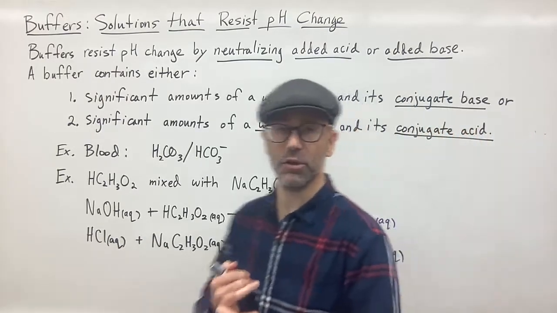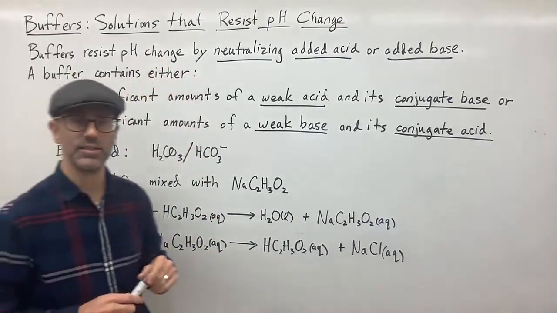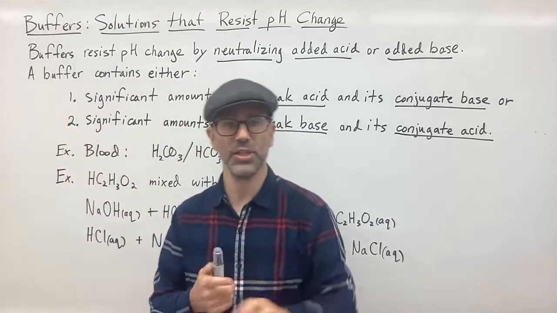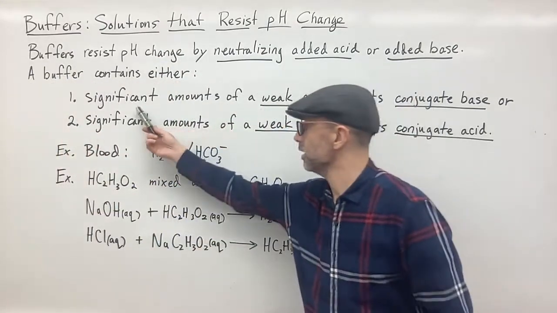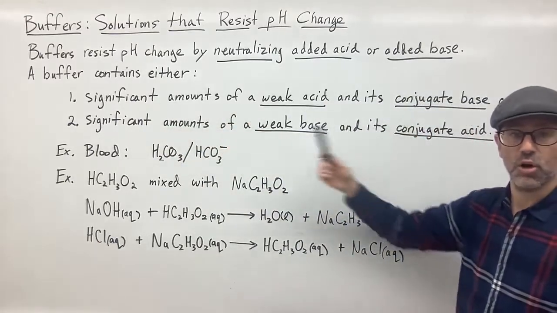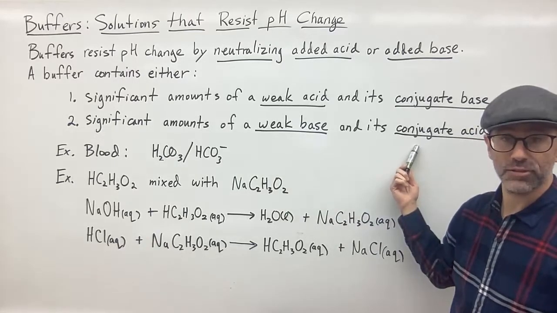So there are a few things to remember from this video. Buffers are solutions that resist pH change. And how do they resist pH change? Because they're made of significant amounts of a weak acid and its conjugate base, or significant amounts of a weak base and its conjugate acid.